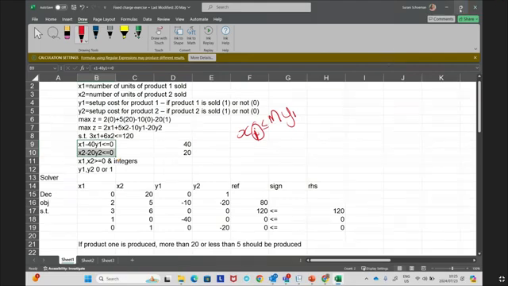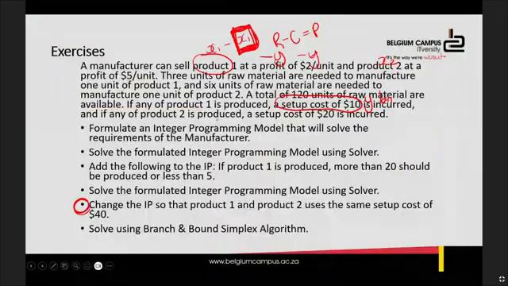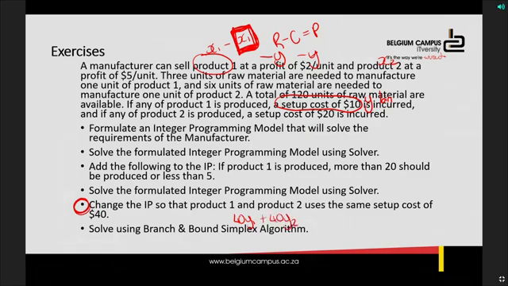But my focus is going to be on what if we change it. The one that I highlighted there, where I said change the IP so that product 1 and product 2 use the same setup cost of $40. If they're going to be using the same setup cost, then some of you would immediately go and say, oh, okay, 40y1 and 40y2.